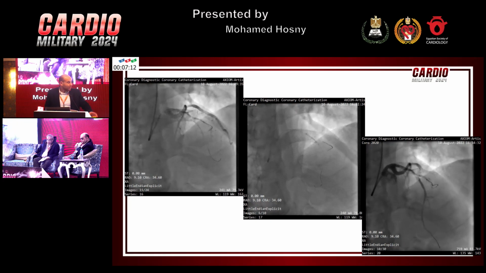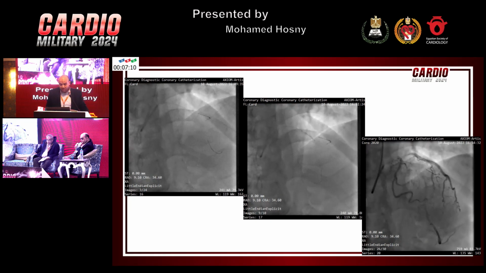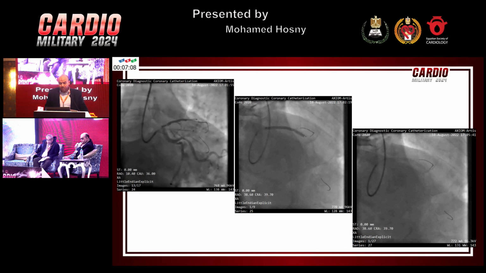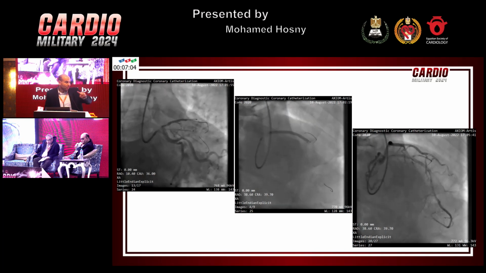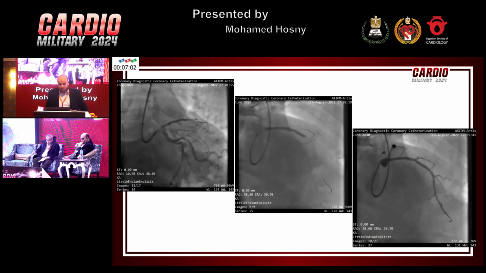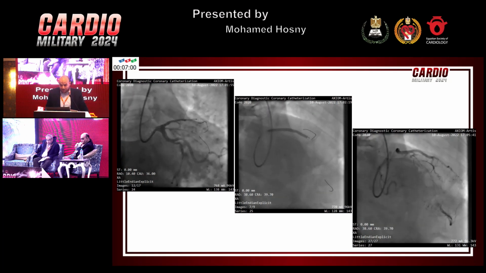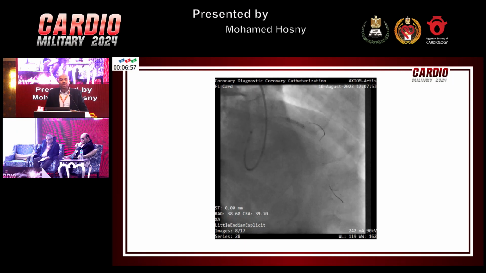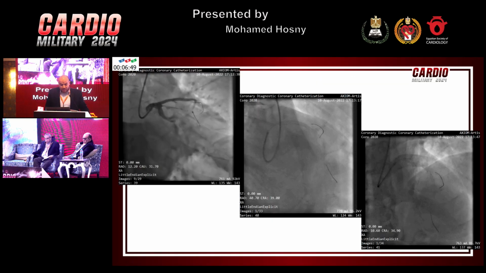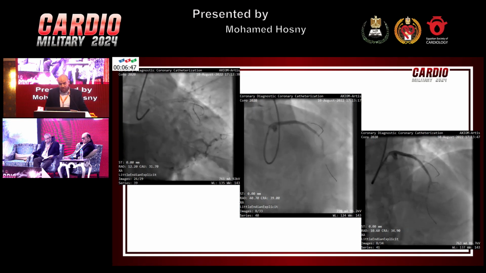We did balloon dilatation at first at the site of the occlusion, and we did stenting, 3.5 by 48, to cover all the lesion up to the ostia of the LAD, and we post-dilated our stent with a 4.0 non-compliant balloon, and did the same for the diagonal branch. And this was our final result.